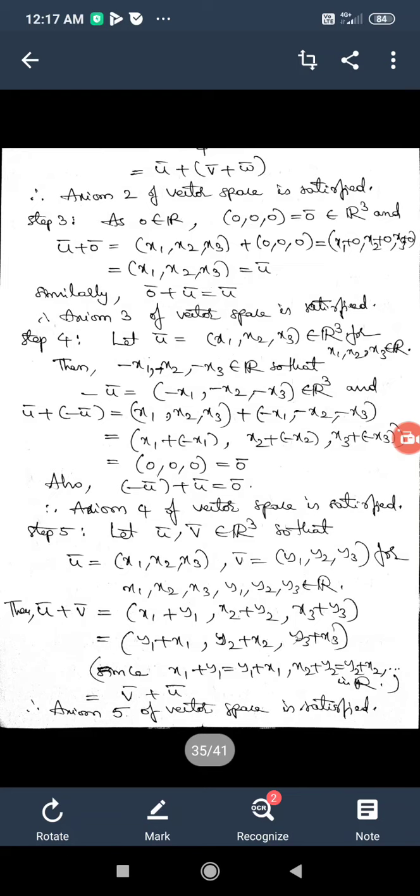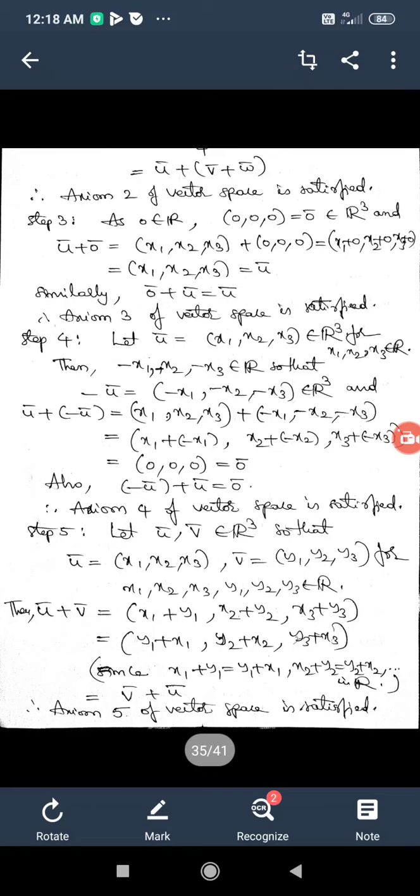Now step 5. In step 5, we want to see whether the commutative axiom with respect to addition is satisfied in the set R3 over the set R. To prove that, let us consider two vectors u bar, v bar in R3. As they are in R3, they should be in the form of ordered triads.